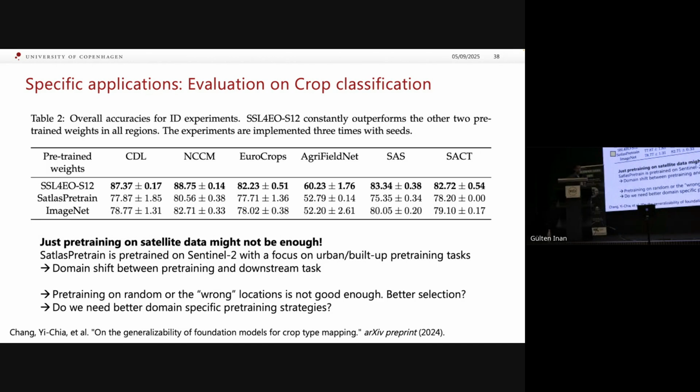And then, yeah, we maybe also need better pre-training strategies that are actually making use of Earth observation data. And that is maybe where you could come in when you have really good understanding of this raw data, you know how the physics work behind it, etc. That is probably where you can be very innovative and come up with new pre-training strategies that a general computer vision person might not think of.